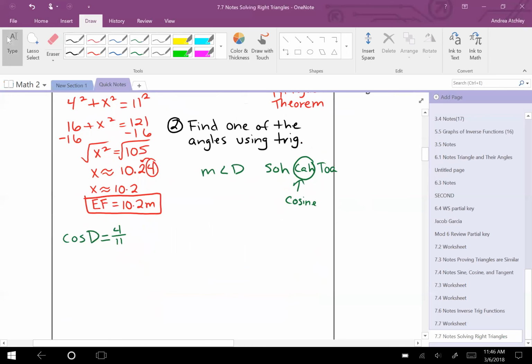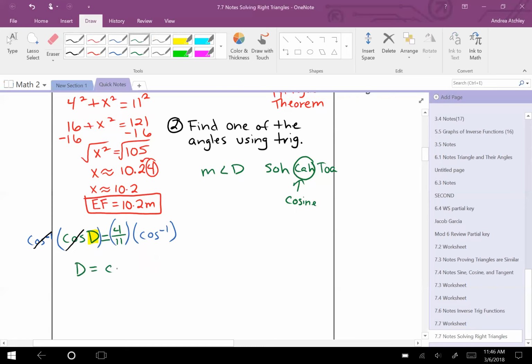Now we're looking for the measure of angle D, so I need to get the D by itself. So to get rid of the cosine, I need to do the inverse cosine. I would do the same thing on this side, cosine -1. Inverse cosine will cancel out the cosine, so I just get left with the D on this side.